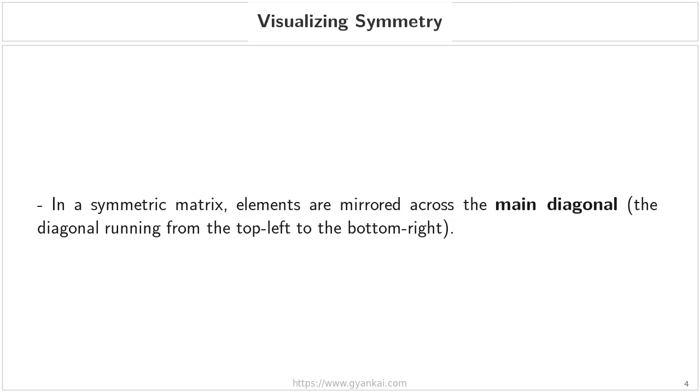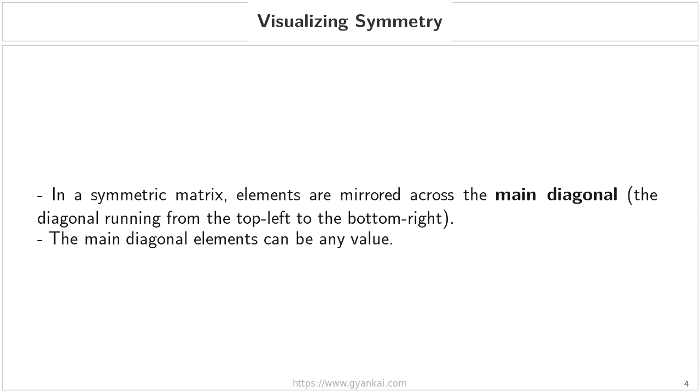Visualizing symmetry. First, in a symmetric matrix, the elements are mirrored across what we call the main diagonal. To identify this, simply look at the diagonal line that runs from the top left corner down to the bottom right corner. It is important to note that the elements sitting directly on this main diagonal can be any value. They do not need to follow any specific pattern or match any other number to maintain the symmetry of the matrix.